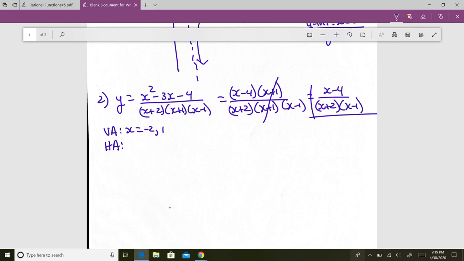So if you multiplied out the bottom here, you would get x squared minus x plus 2x plus x minus 2. You get that. The degree at the bottom is greater than the degree of the top, which is 1. Therefore, y is 0. Okay.